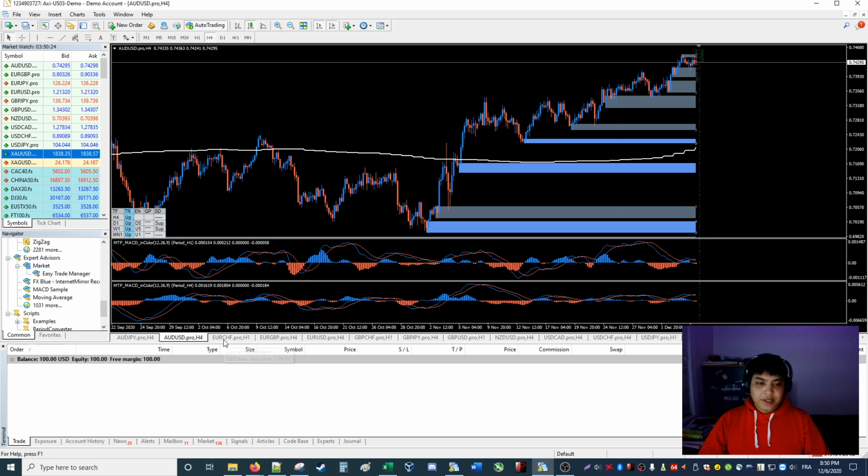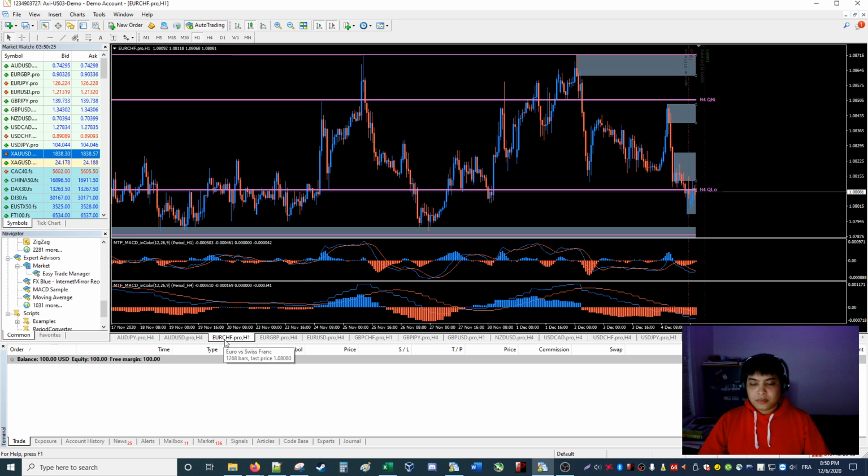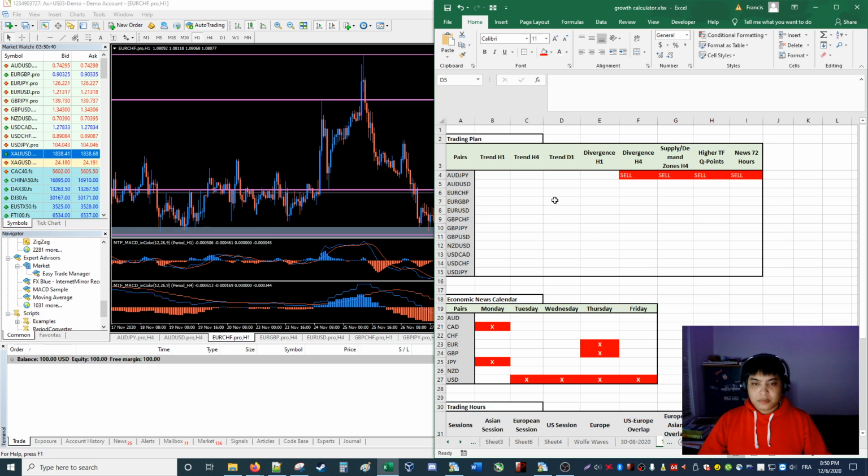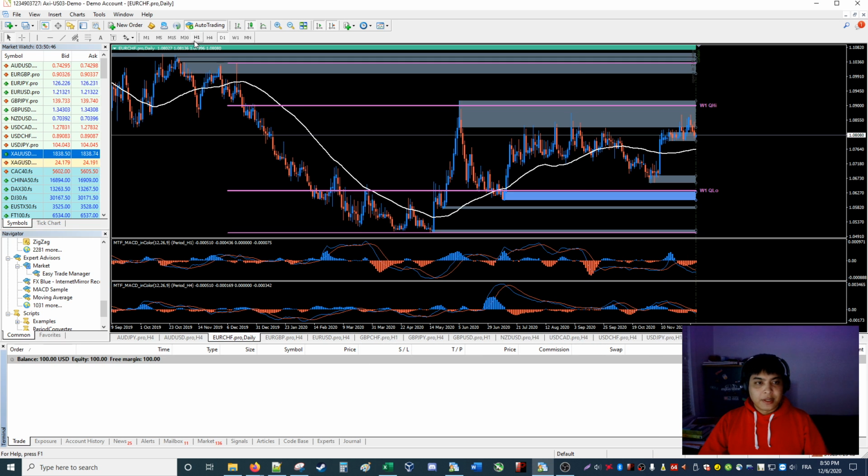Okay, we're not going to touch this one. Euro has been doing quite good lately. Euro trend. This is up in D1. If you look at D1, Euro, it wants to go up.